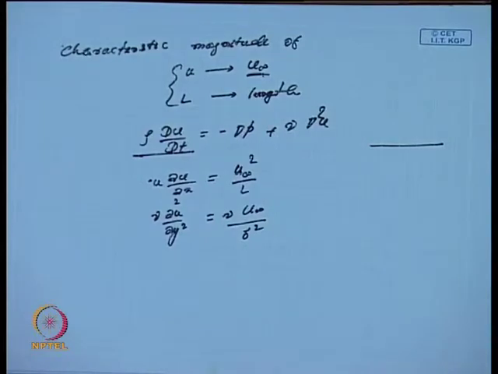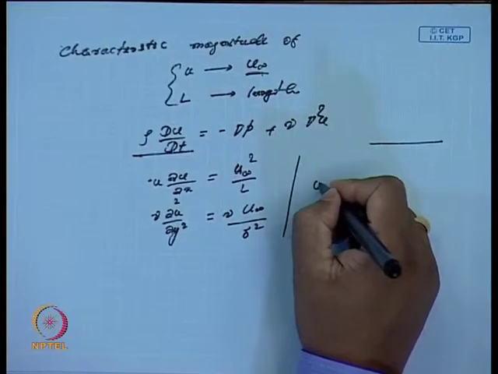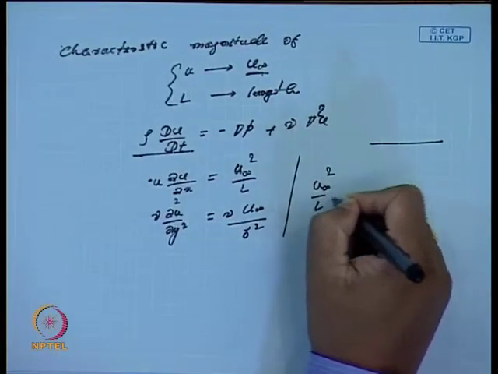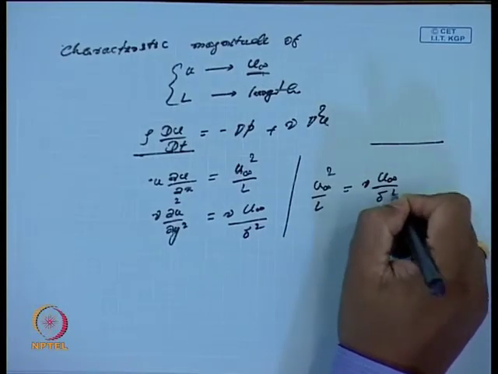If they have to be of the same order, that means I will have u infinity square by L equal to nu u infinity by delta square.